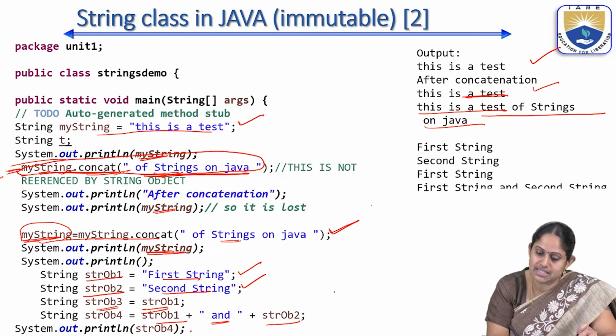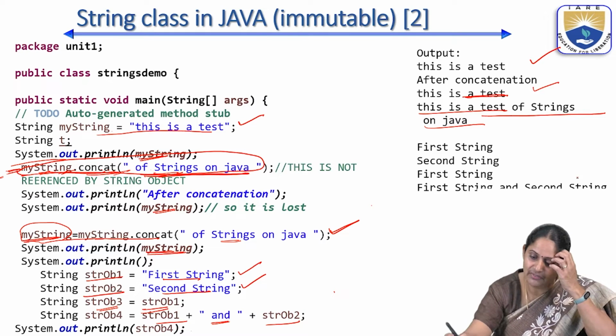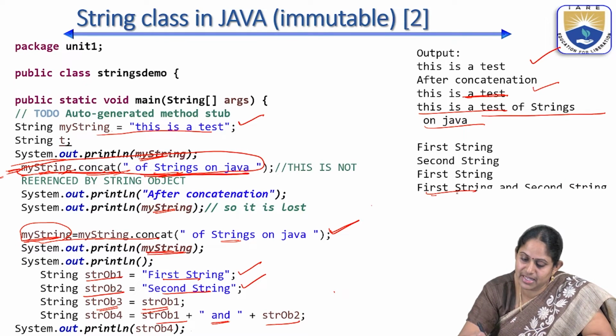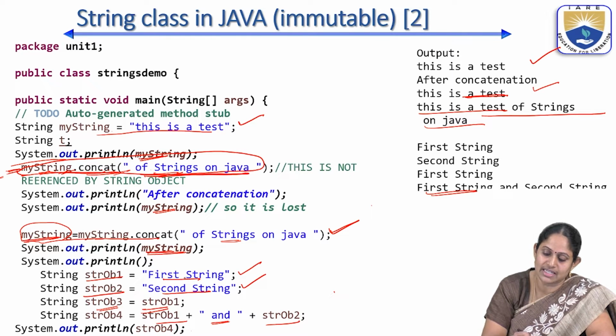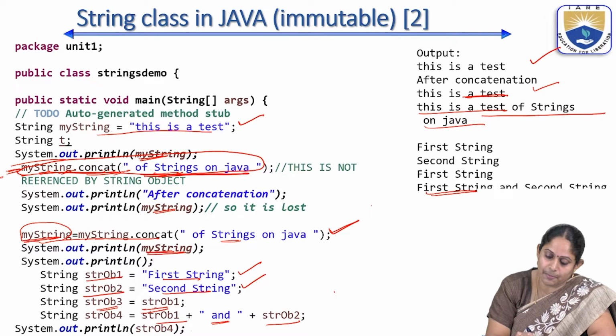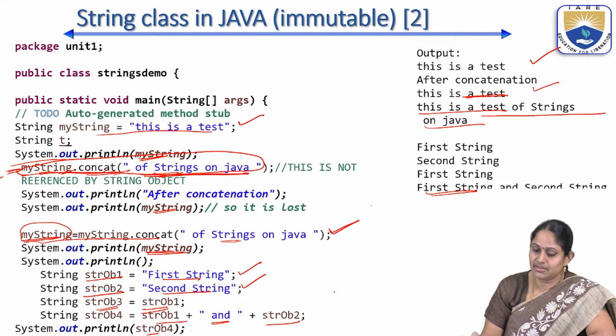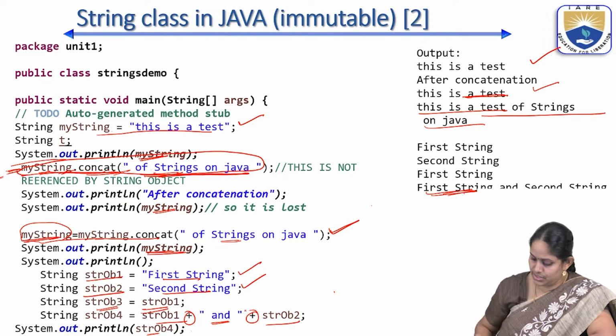So strOb1 contains first string, strOb2 contains second string, strOb3 also contains the first string, and ob4 is the concatenation of ob1 and ob2. When we display it, we get this line.